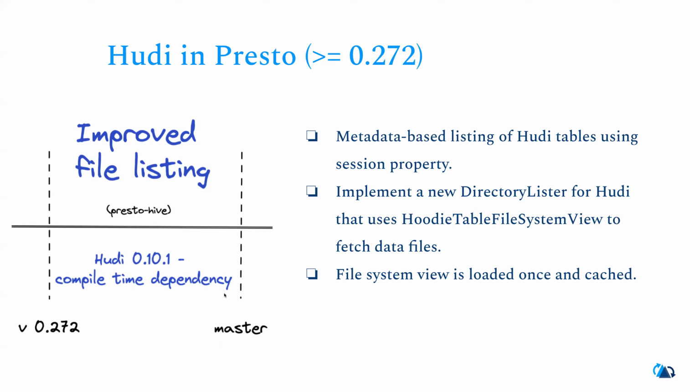We make use of the file system view to fetch all the data files, and this file system view itself is just loaded once and cached throughout the session of the query. Next slide, please.